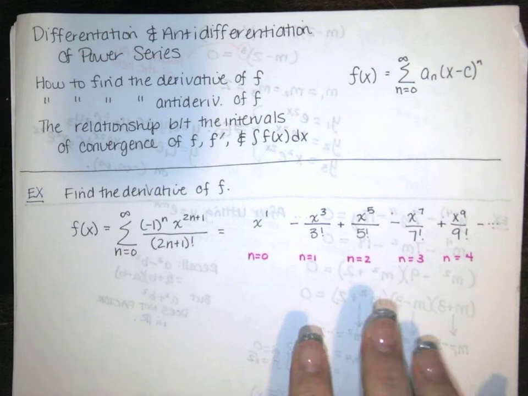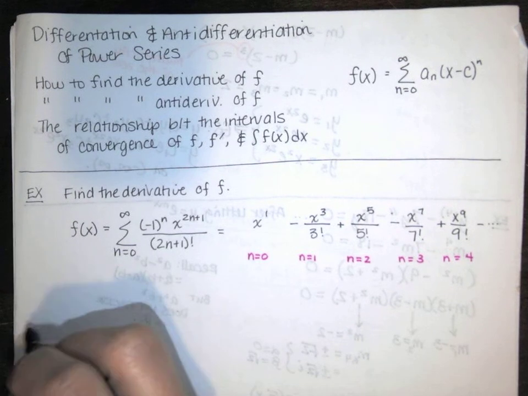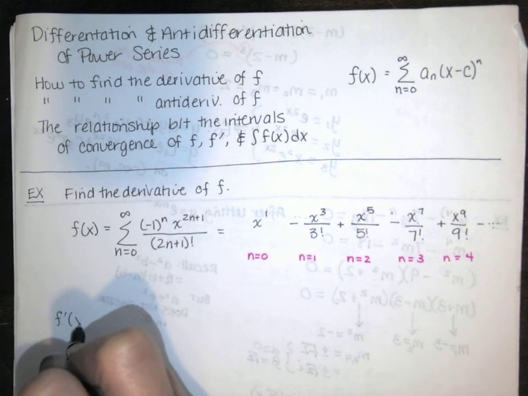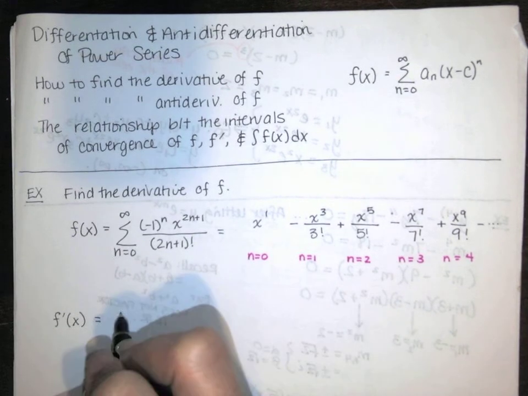Now, if I want to take the derivative of this, it's actually not that bad at all. If you know how to take the derivative of a polynomial, you can take the derivative of a power series. The derivative of this can be found in the same way that you would take the derivative of a polynomial. You just take the derivative of each term separately.